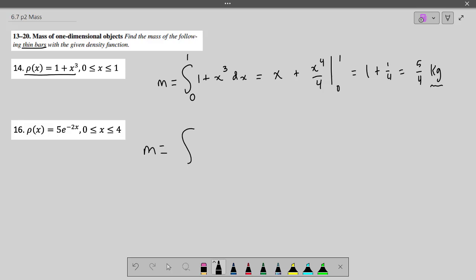And same idea here. We are going to simply integrate the density function on the interval, and that'll give it to us. So, antiderivative for that exponential function. Certainly the 5 comes, and then itself.